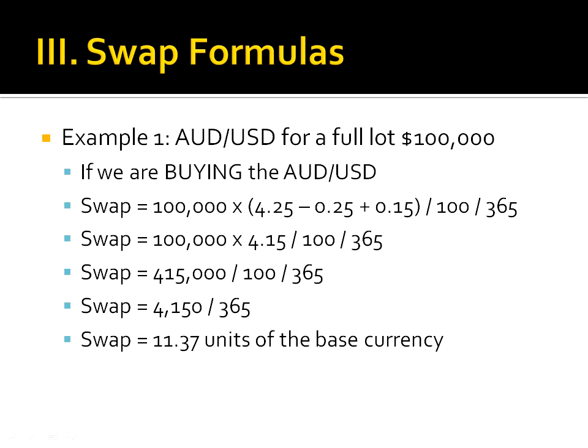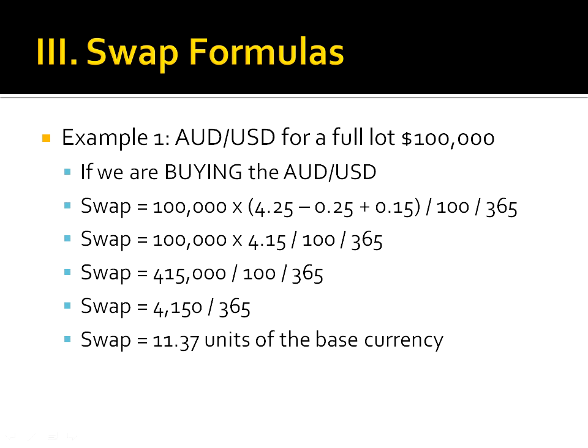And we'll throw some numbers into those equations. Example, the Australian dollar, US dollar. Now this is to figure out what you're going to get paid per day. So if you're trading a full lot, which is $100,000, and you're buying the Australian dollar, US dollar, the swap is going to equal the contract size, $100,000, times, now we work out what's in the brackets, 4.25 minus 0.25 gives you 4, plus 0.15, which is the broker, gives you 4.15, divided by 100, divided by 365.